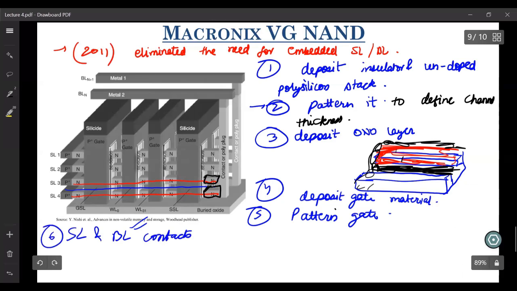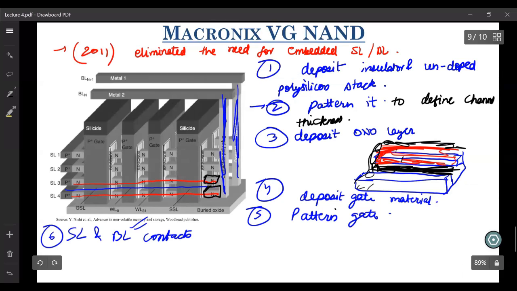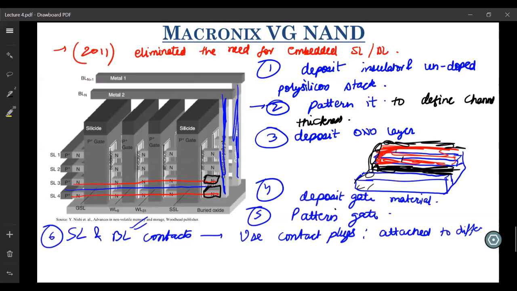For source line and bit line contacts, you see that they etch these contact plugs, which are attached to different channel layers. You see, this contact plug is attached to this channel layer, to this channel layer, to this channel layer, to this channel layer.